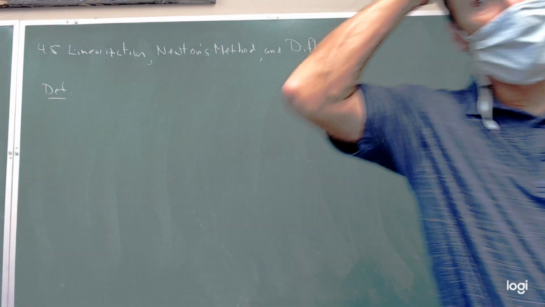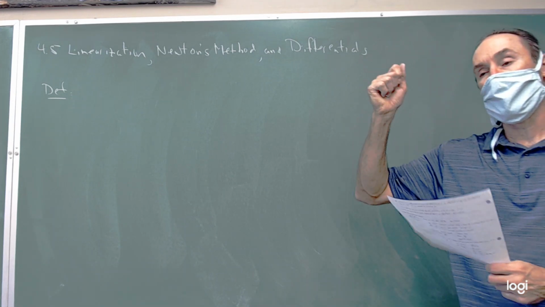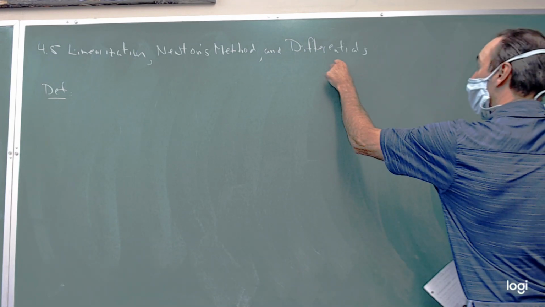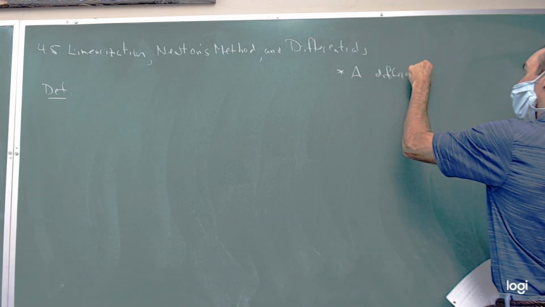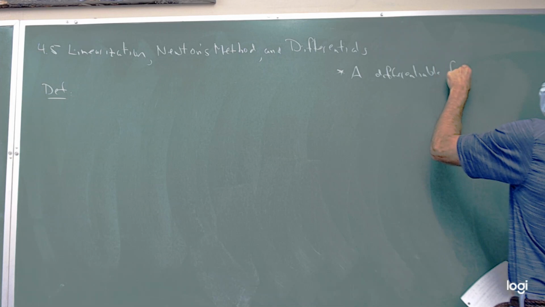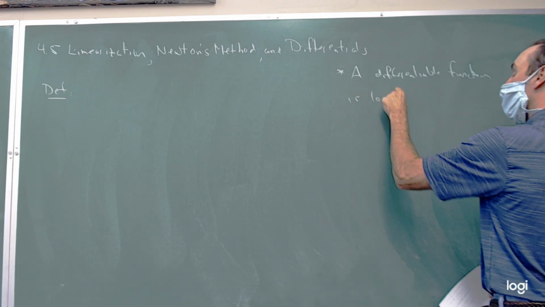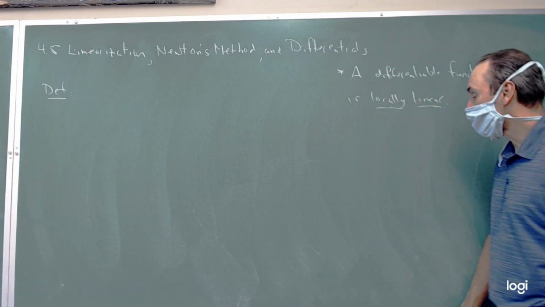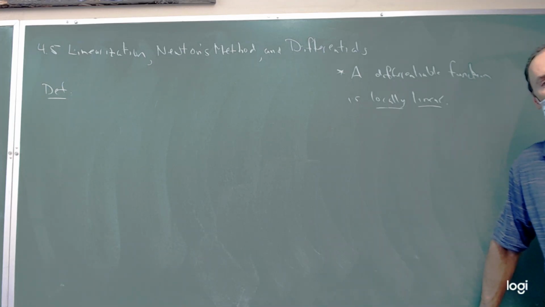So the idea here is that a differentiable function is what we call locally linear. So what we mean by that is by the nature of it being differentiable, it does not have a corner, a cusp.